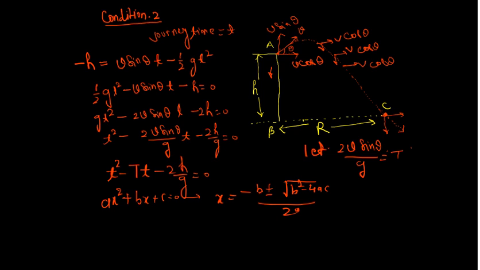If you do this, then t will be, minus minus will become plus, T plus minus square root of T square plus 8h divided by g, divided by 2.